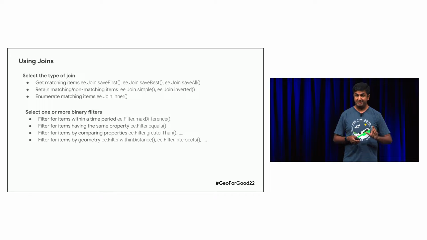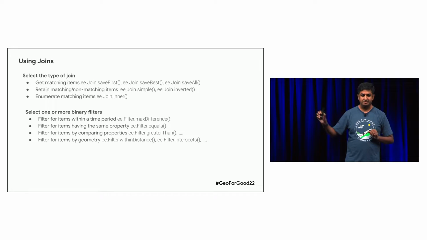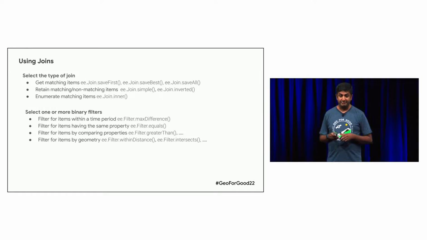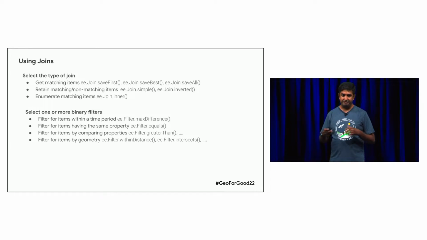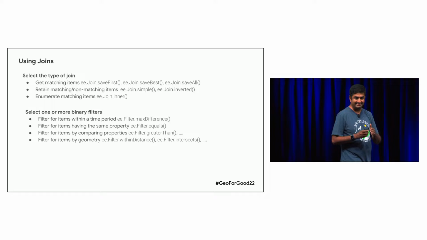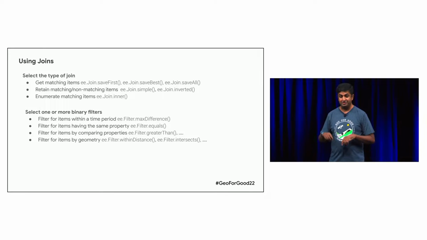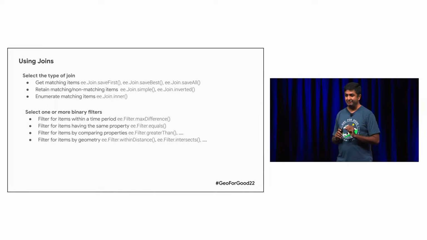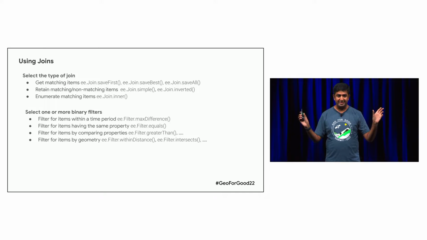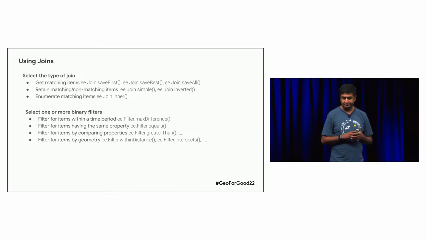So we say the timestamp from one image should match the timestamp from another image. So these are binary filters. And they have similar sounding names, like if you have used ee.Filter.eq, equals, there's a filter called dot equals, which is a binary filter, which allows you to check 2 properties of 2 different collections and match them. So when you're using joins, you need to use a binary filter.